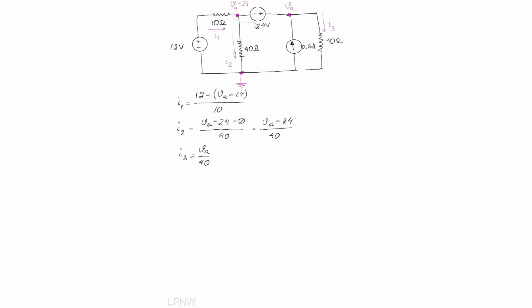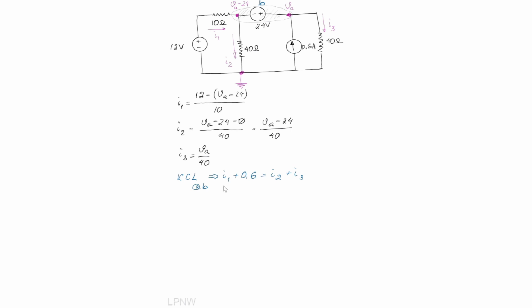If you look at all of those together, combined, we call that node B. We could apply Kirchhoff's current law at that node B, and it will look like the current I1 plus the 0.6 amps from the source should equal I2 plus I3.